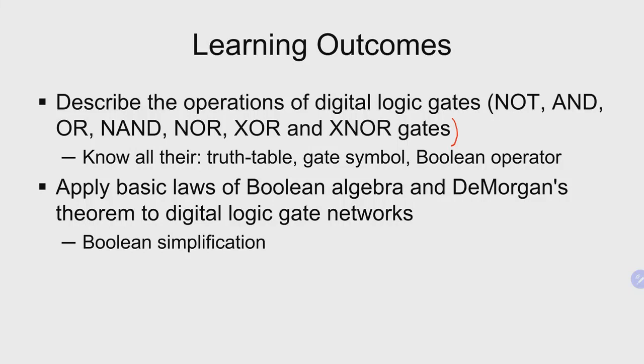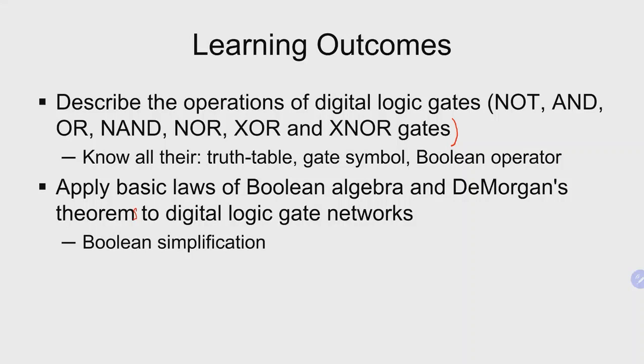And what it means to describe the operations is that you need to know the truth table, the gate symbols, and the Boolean operations. And then you also need to know how to apply basic laws of Boolean algebra and DeMorgan's theorems to digital logic gate networks.